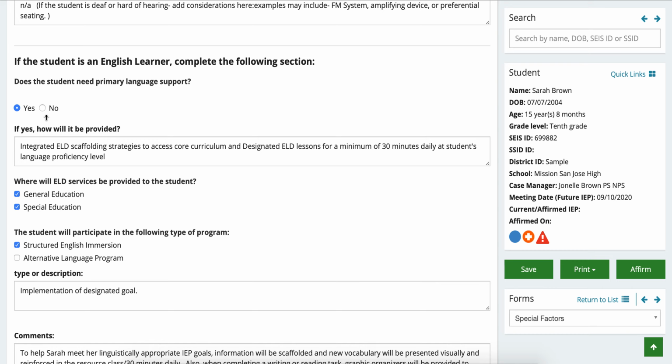This is usually determined through the administration of the home language survey and the LPAC, as well as the alternative LPAC for the students. So make sure that you are looking at your student information system. Usually Illuminate will have that, but it'll also be on the first page, the info and eligibility page of the IEP. All right.